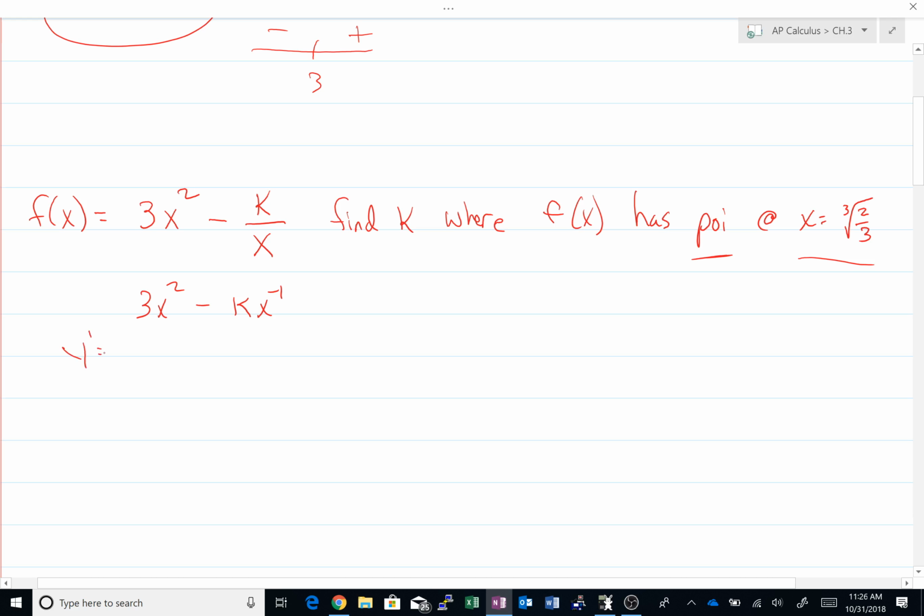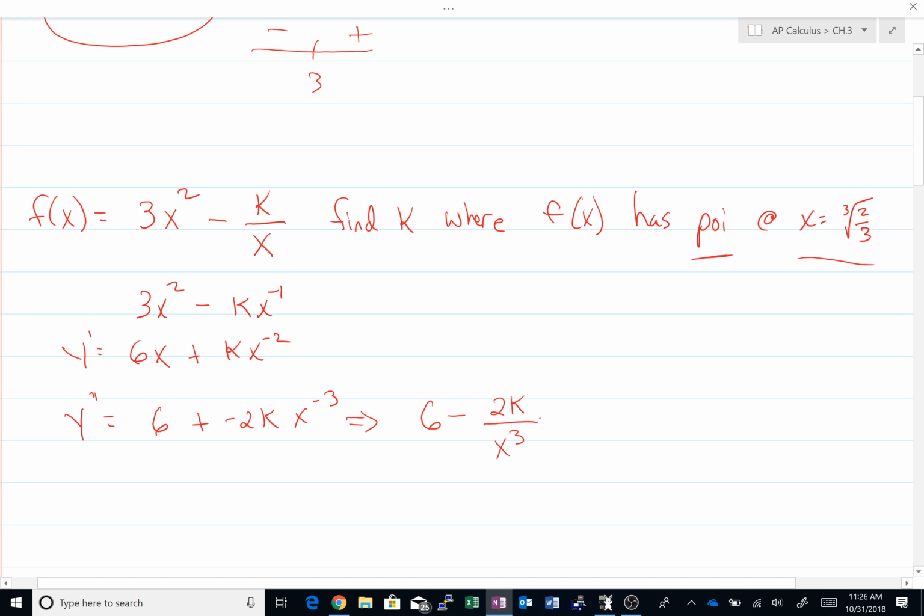Y prime would be 6x plus negative k x to the negative 2. Y double prime would be 6 plus 2k x to the negative 3. Cleaning that up, that's really 6 plus 2k over x cubed.